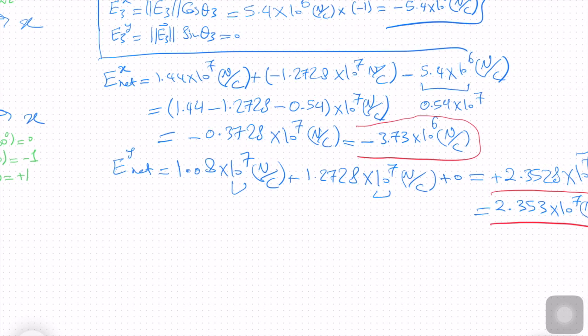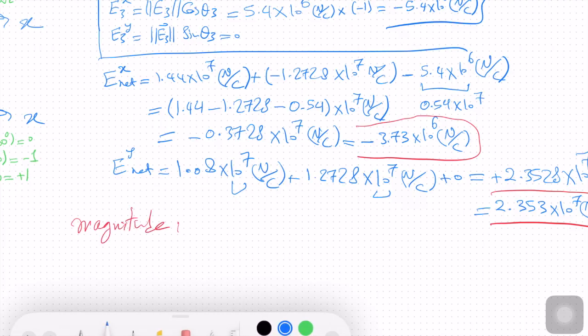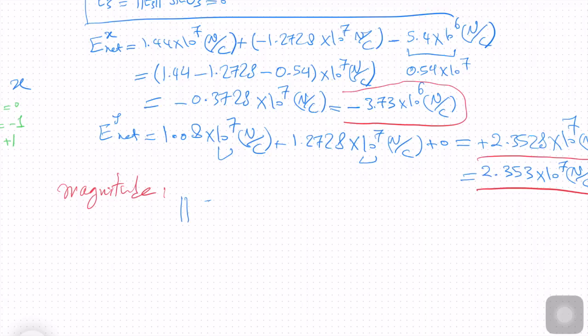Now, if the problem asked you to find the x and y component, you're done with the problem. If it told you find the net electric field without specifying anything about its magnitude or direction, you're done. But if the problem explicitly says find the magnitude, then you have to find the magnitude. You just use the Pythagorean theorem.